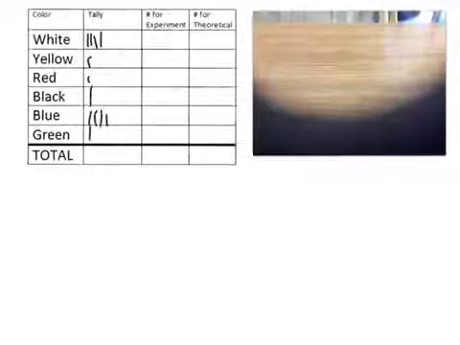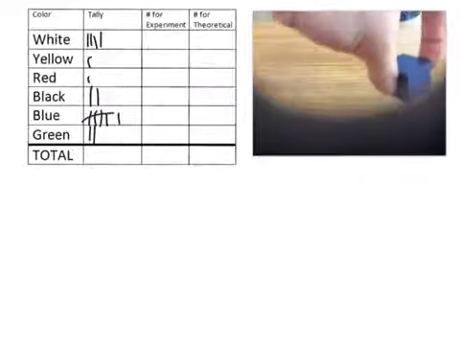Green. Black. Blue. Blue. Green. Blue. Yellow.